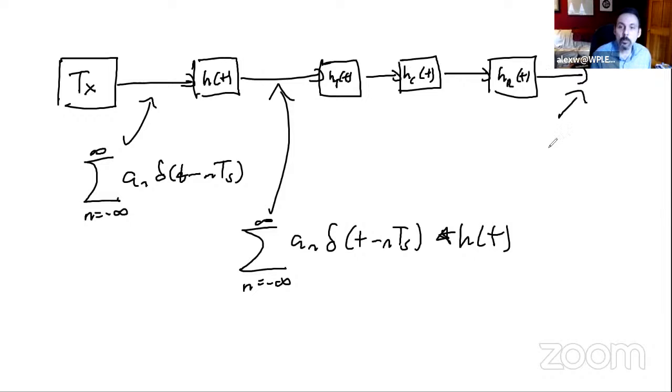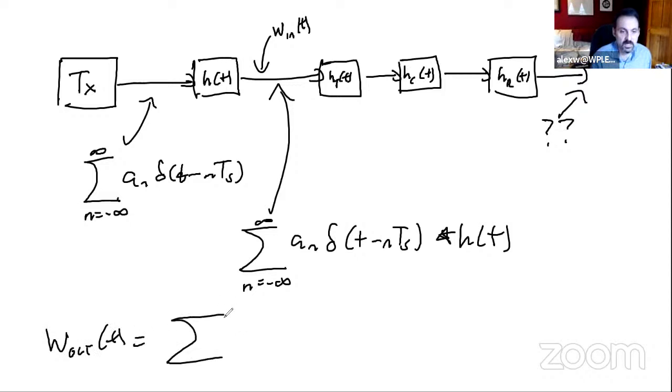What is that at the output? Well, w_o(t), w out of t, whatever you want to call it, because here I'm going to call that w_in(t). w out of t is going to be equal to the sum of a_n delta(t minus nT_s). So remember, what does this look like?